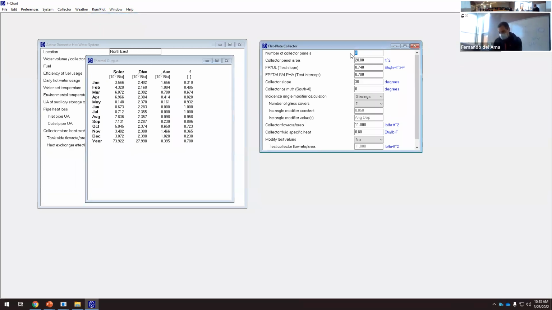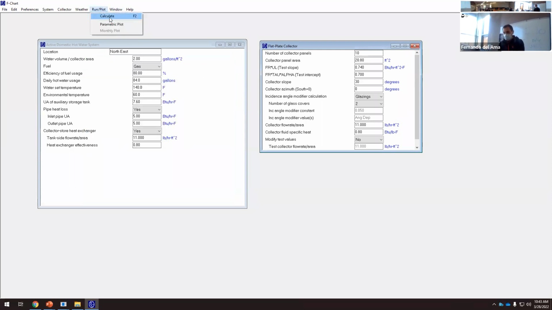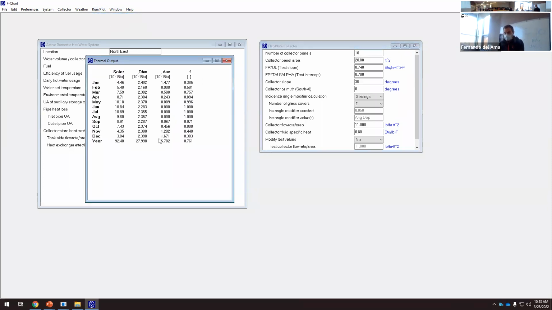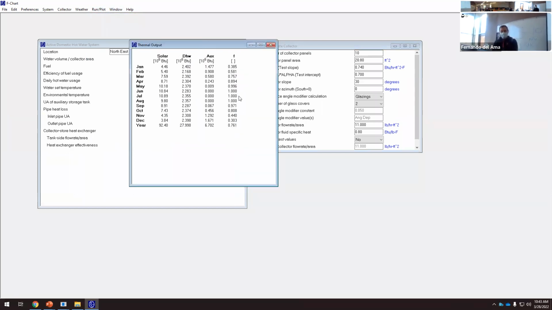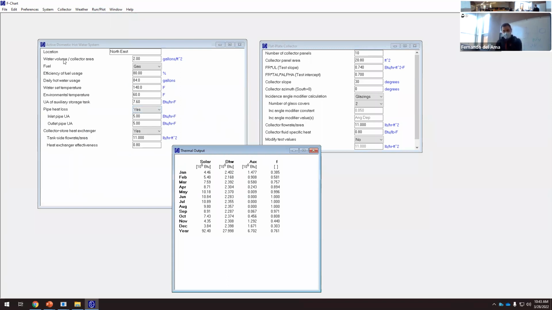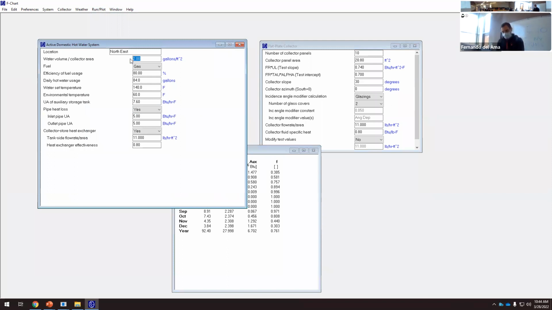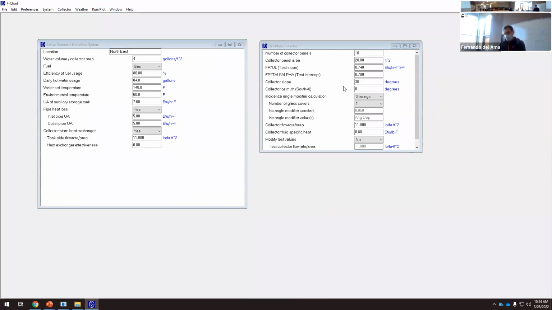What about 10? If I want to do this, I would increase the water volume per collector area. So let's make it 4. And I'm keeping 10 collectors.